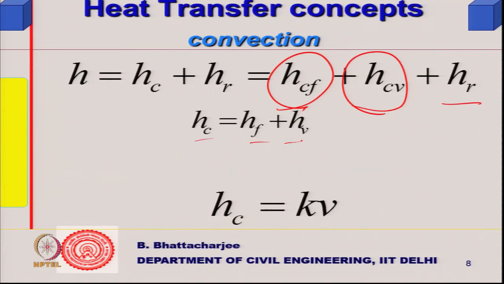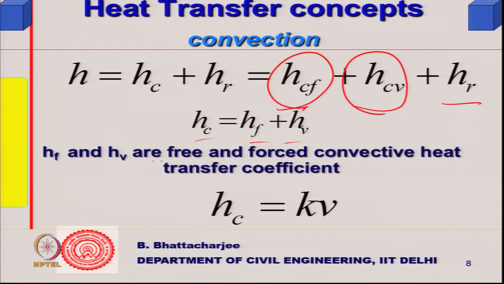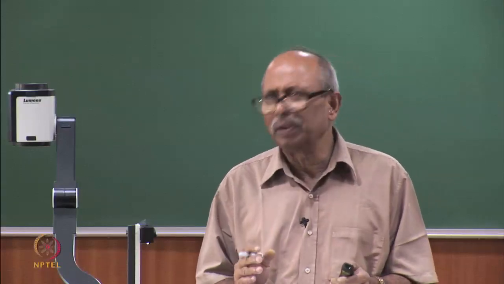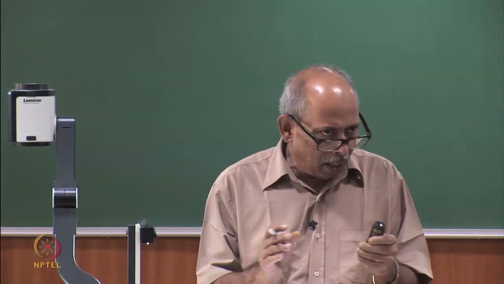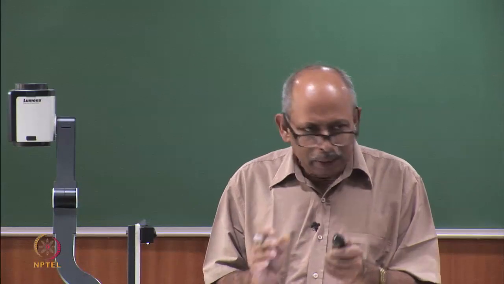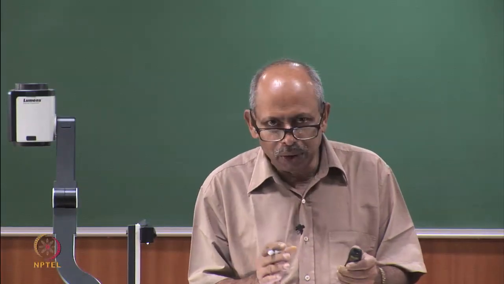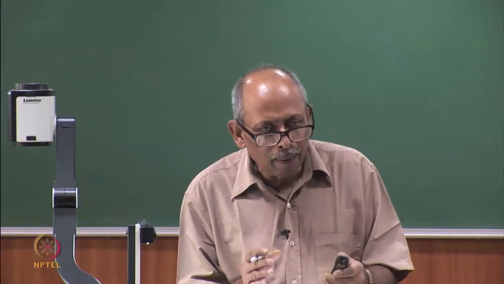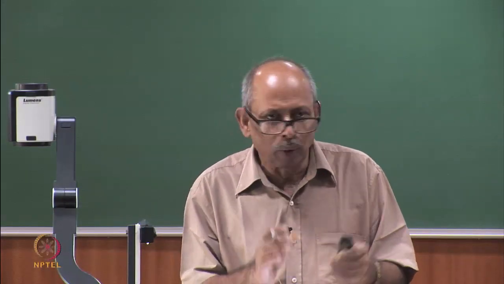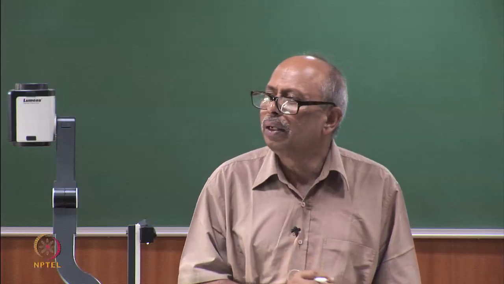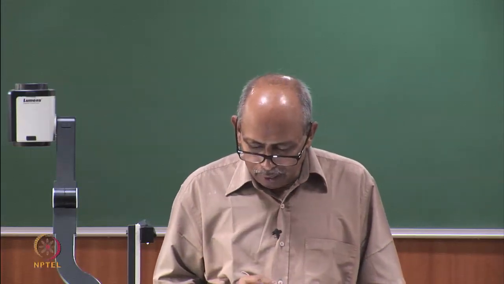So Hc equals Hf plus Hb, one can write. So Hf and Hb are the free and forced convection heat transfer coefficients, and we sum them all together and call it surface conductance, or surface coefficient, the heat transfer coefficient for a wall, as well as a ceiling, roof or any solid surface in contact with the fluid, right.